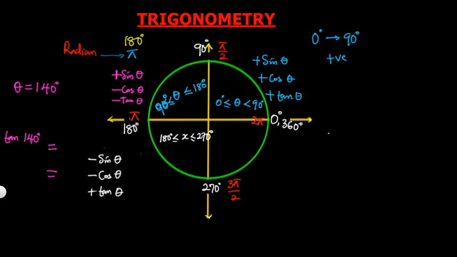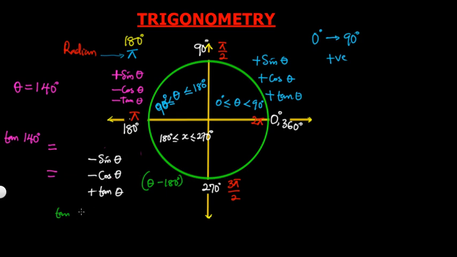Using the generic formula of theta minus 180 degrees, take for example, you are interested in finding tan 210 degrees.